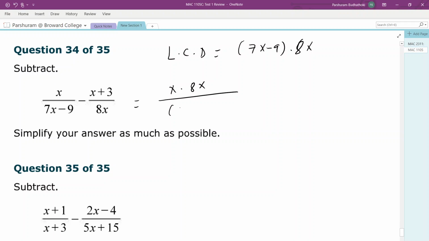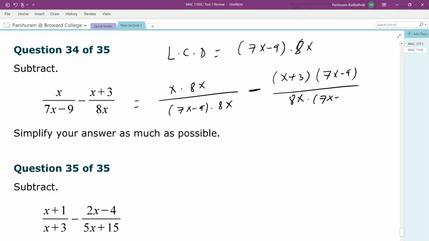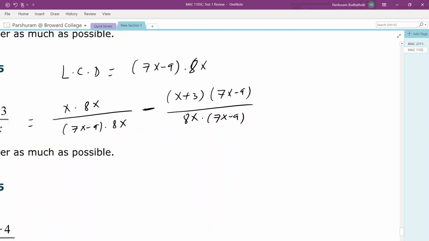By doing that, we're going to get 7x minus 9 times 8x on the denominator for the first expression. And for the second expression, we have to multiply by 7x minus 9 on the top and bottom.